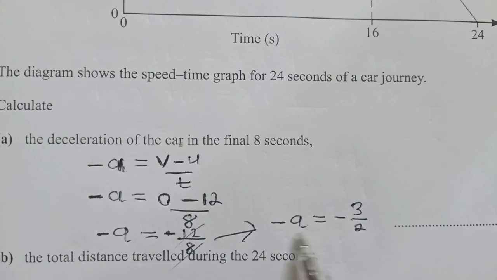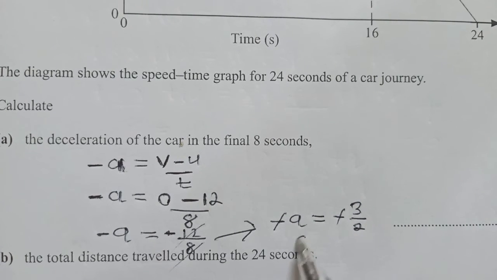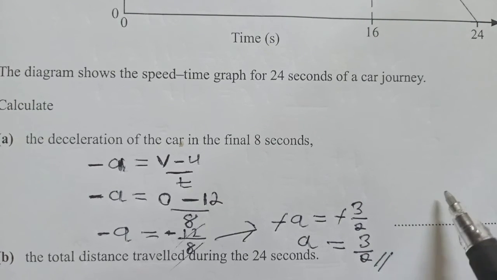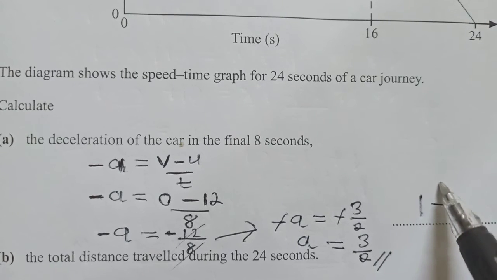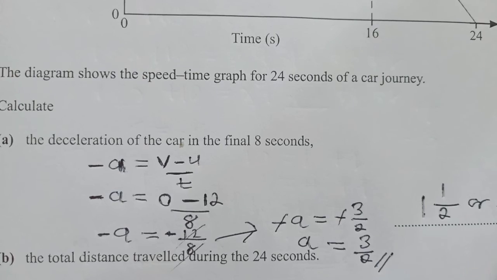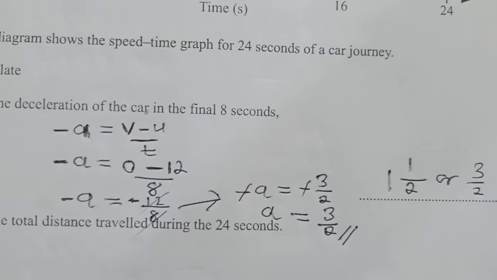This negative is the one which is here. Since we have a negative here and this one will cancel, we shall remain with a equal to 3 over 2. So this is our answer. We can say 1 remainder 1 over 2, or we can just leave it like this. It's also fine if you leave it like that, or you put it in decimal form.